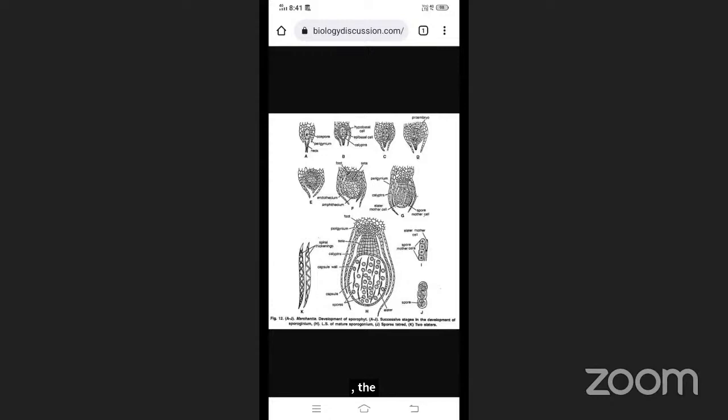These hypobasal tier cells develop into an irregular mass of parenchyma tissue. The basal cells of this tissue protrude into the gametophyte, forming a bulbous foot.